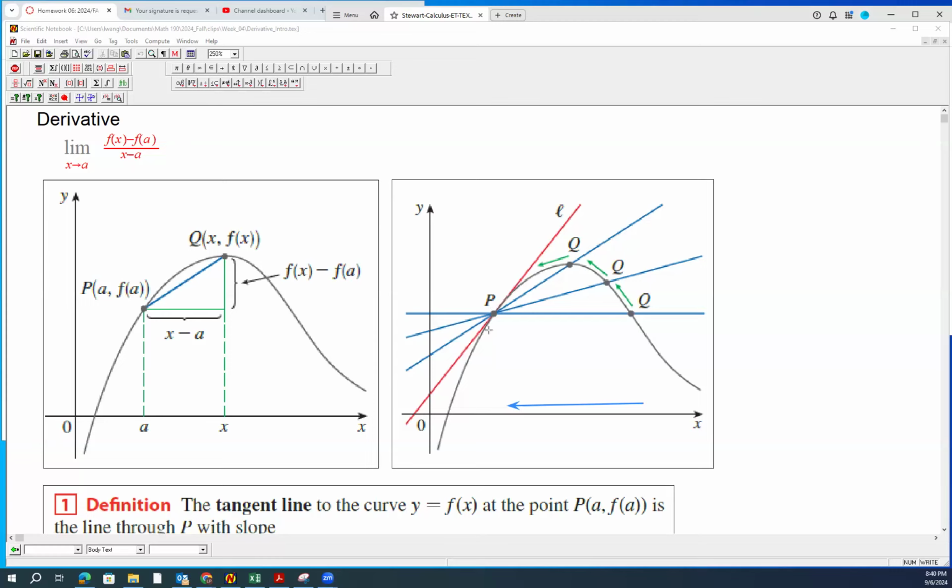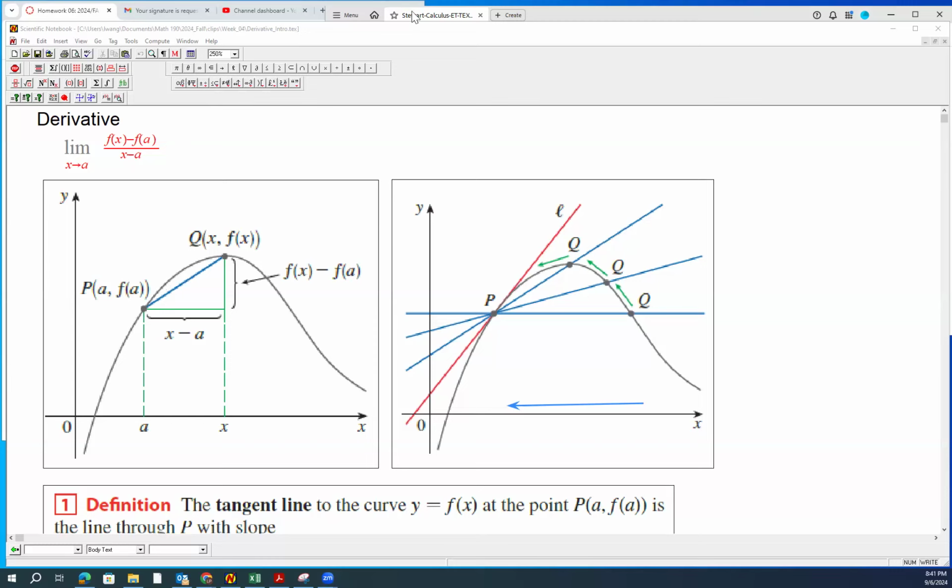And we define that limit, if it exists, as the slope of the tangent line, which is the red line. In other words, the limit we set up here, if it exists, is defined as the slope of the tangent line.